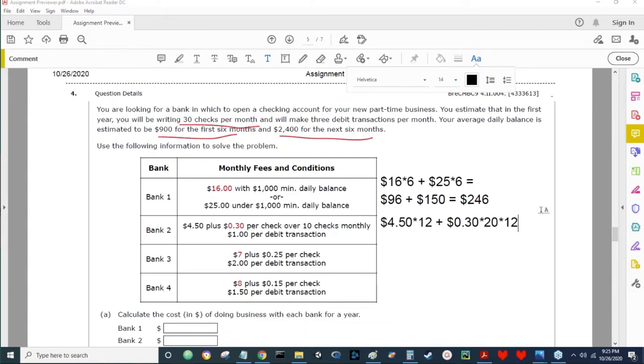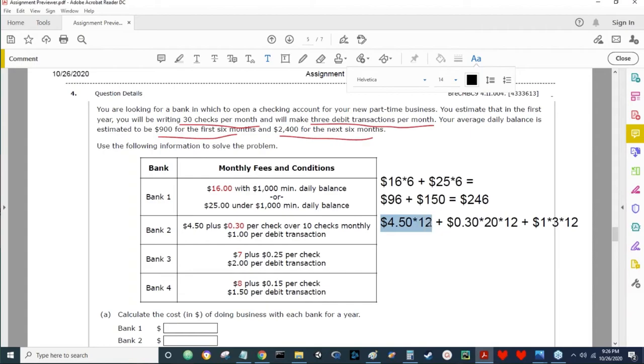And then we get charged $1 per debit transaction. So we need to add this $1 for the 3 debit transactions we make per month. And then again, that tells us the cost a month for all of our debit transactions. We need this in terms of years, so we're going to multiply that by 12. Okay, just a quick recap of what we did.